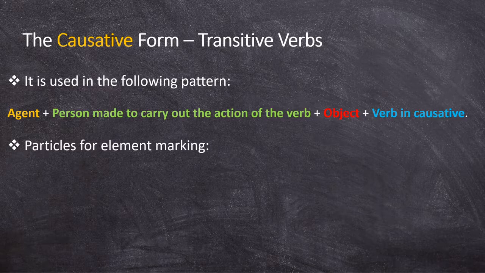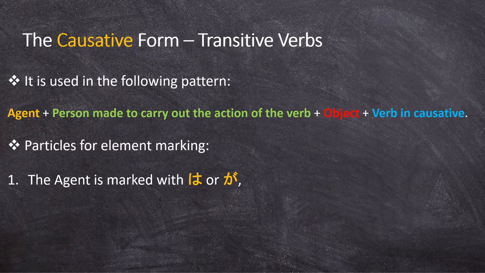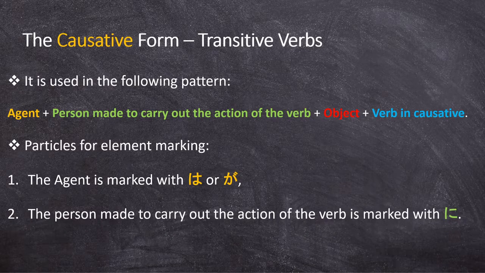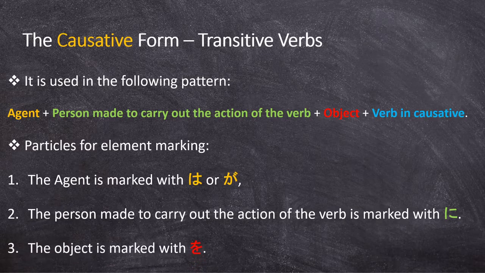However, you have already probably guessed that the trickiest part is the process of element marking with particles. For the agent, the situation remains unchanged. It can be marked with either wa or ga. However, the person that is being made to carry out the action of the verb is this time marked with ni, and the object is marked with o.